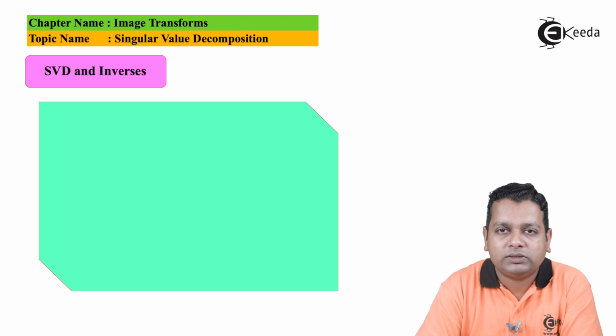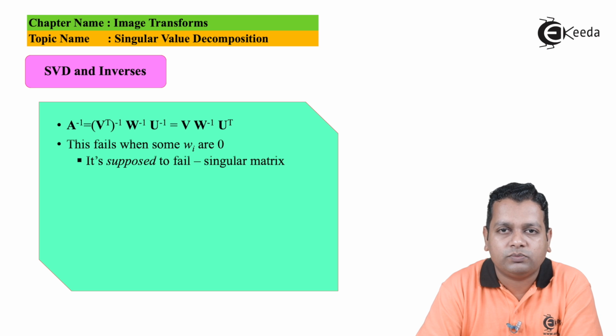Next, A inverse, which we have just represented by the equation V W inverse U transpose. This condition fails when some W sub i, the diagonal elements, are equal to 0, because as we are taking the reciprocals of the entries, the 0 will go into the denominator. So it is supposed to fail for a singular matrix.